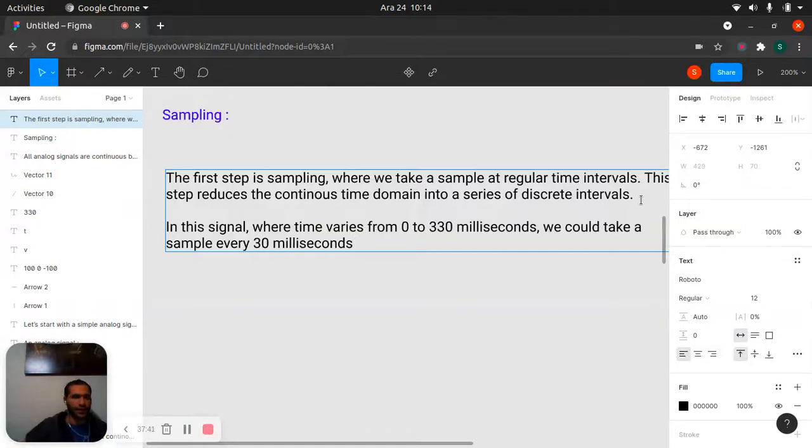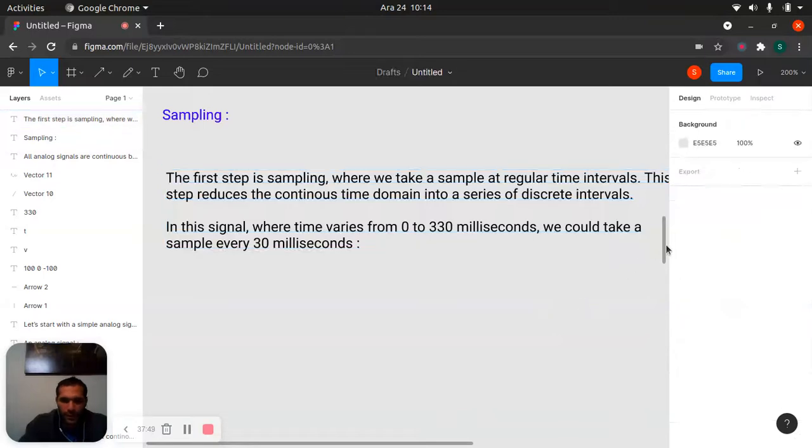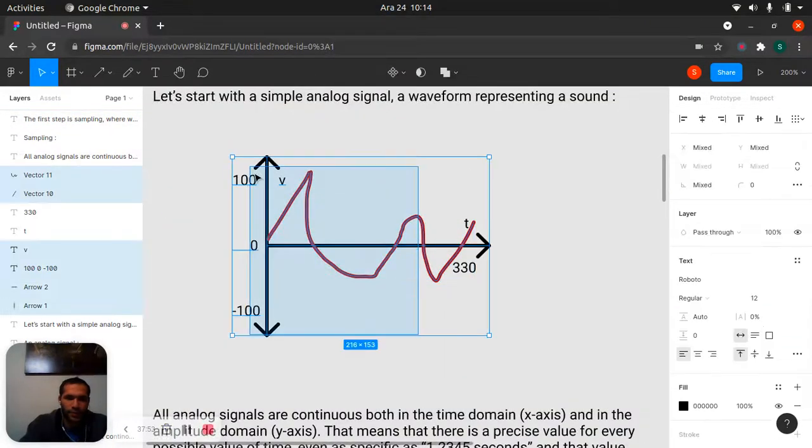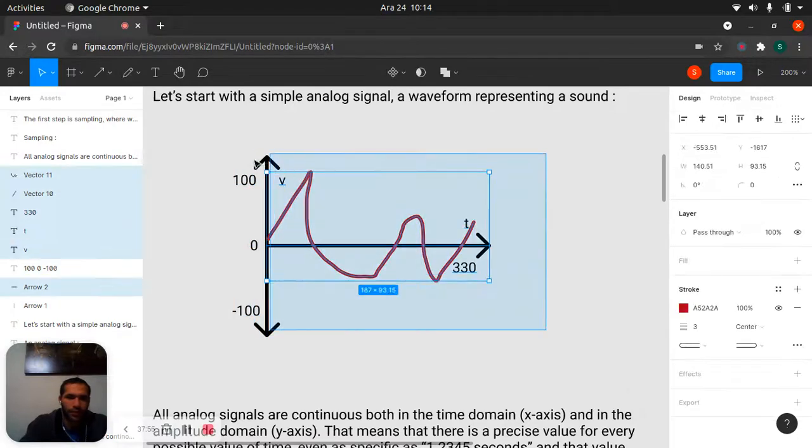It will give us the sampling places and some information values. Let's do it. Let's come up and take this example.